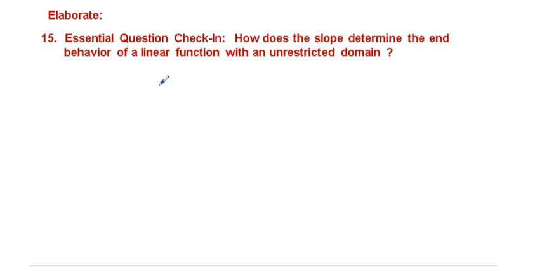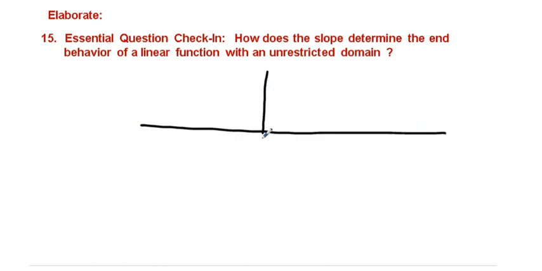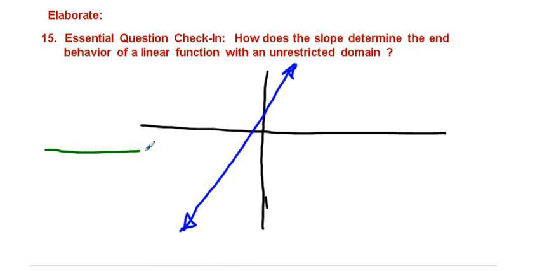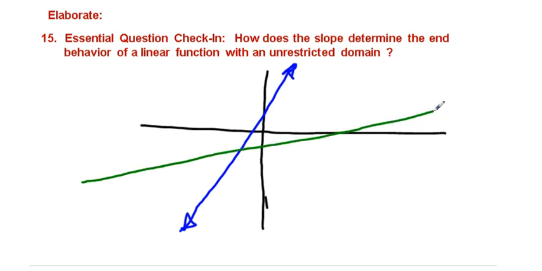Well, the end behavior doesn't change with the slope, because if we have a graph with a very steep slope like this, our end behavior is going to be the same as if we have one with a very shallow slope like this. Our end behavior in each instance is going to be the same. It's just not going to get there as fast.